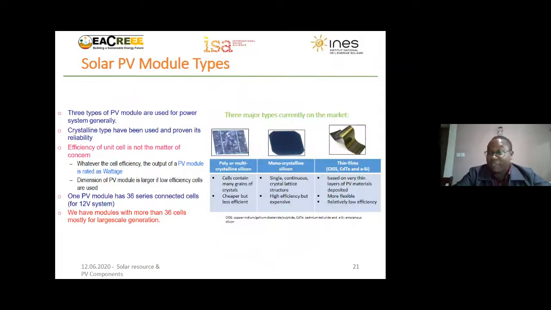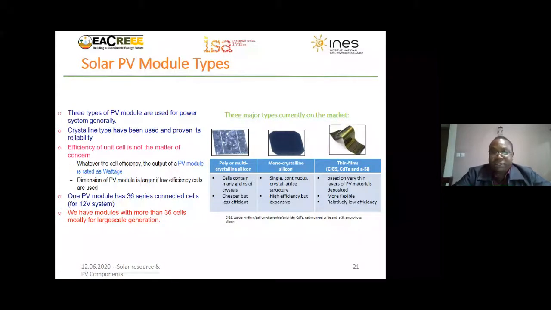Usually they contain many grains of crystals, and in general, when you go to the market, the prices are usually low, though the efficiency of these panels is generally lower than the monocrystalline, which you can see in the middle, that usually has a single continuous lattice structure.